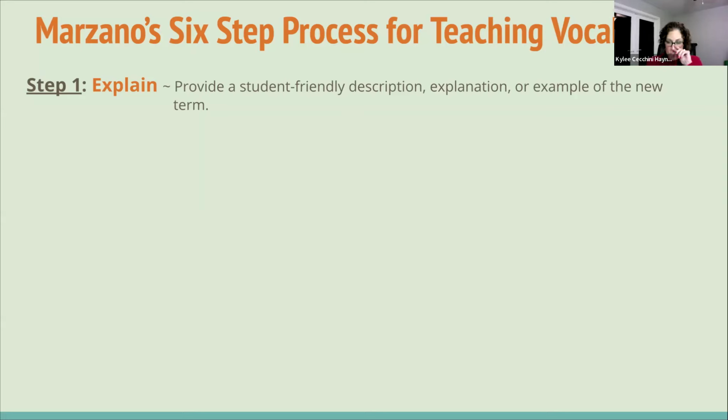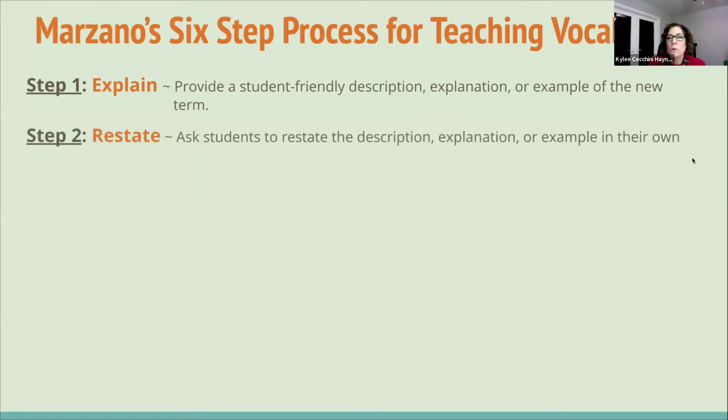The more you can show a picture, so kind of multimodal too. When we talk about UDL, so different ways to present the word, explain the word, talk about the word, discuss the word. Not just a word with a definition, not old school, look up the words in the dictionary kind of thing.